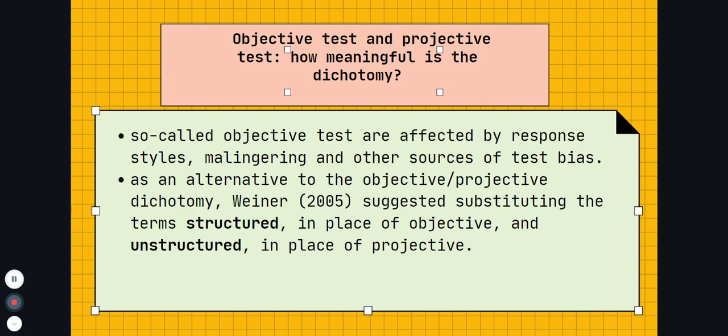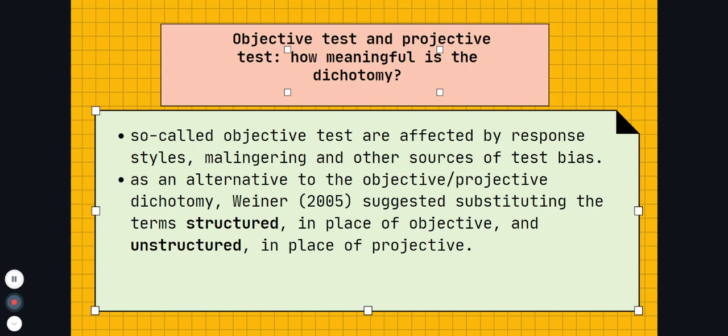So Weiner of 2005 characterized the objective versus projective dichotomy as misleading. So truth in labeling is not served by characterizing one class of tests as objective in the face of many questions regarding their objectivity, and another class of tests as something other than objective.